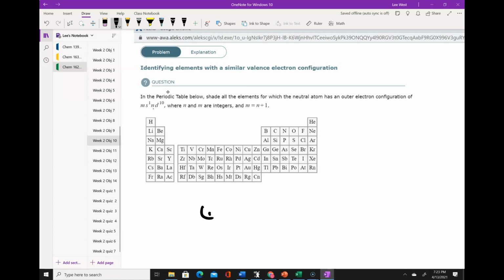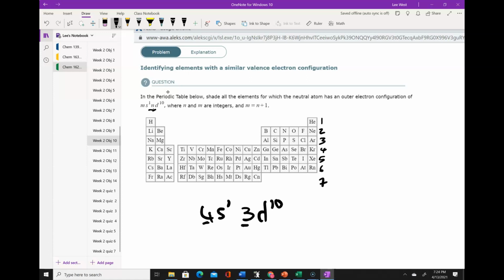It would be like 4s1 3d10. This number is always one bigger than that one. Now, what do we notice about this? They've got d electrons, but they don't have f electrons, right? So let's put our period numbers in: 1, 2, 3, 4, 5, 6, 7.